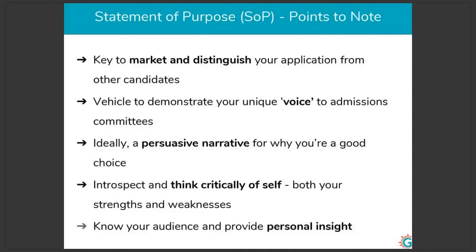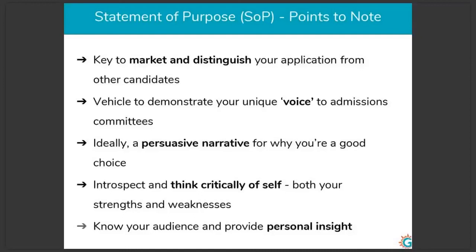So to do that, you need to first start by thinking very critically about yourself, your strengths and your weaknesses. Be honest with yourself, and that honesty will translate into your SOP in a manner that stands out and reflects your true potential. And that is what we want to see.